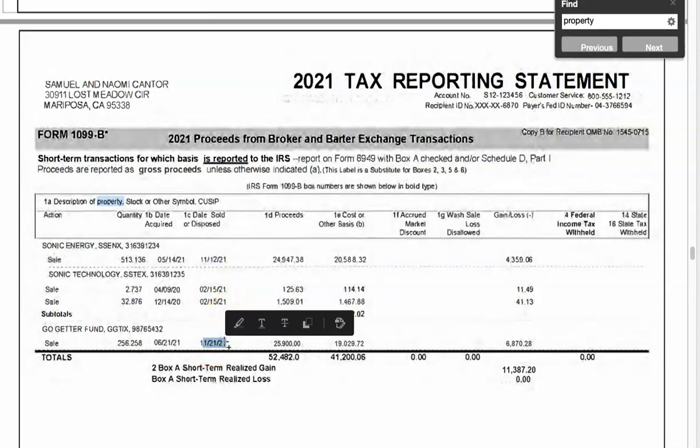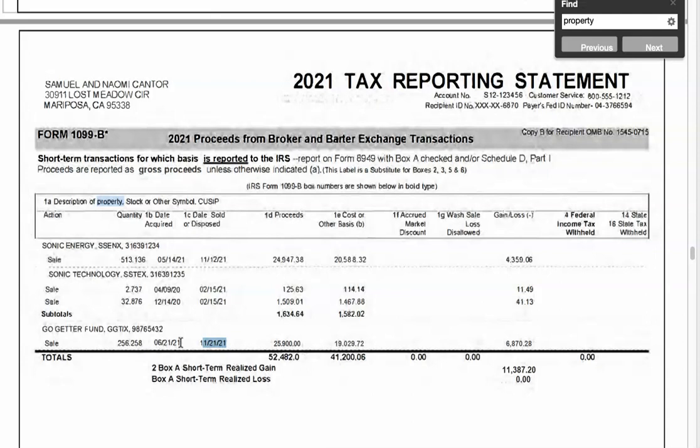So the value of the sale of those stocks, Sonic Energy and the Go-Getter Fund, would need to be changed from what shows on the tax reporting statement. It wasn't the price that they were originally purchased for back in May or June of 2021, but whatever the price was as of the August date of death of Sam.